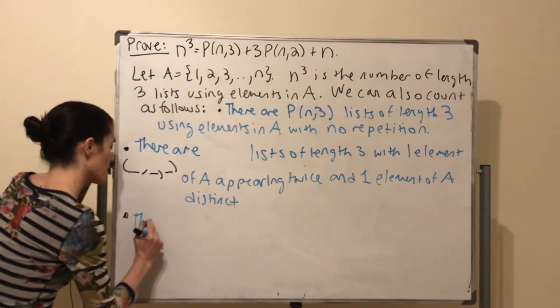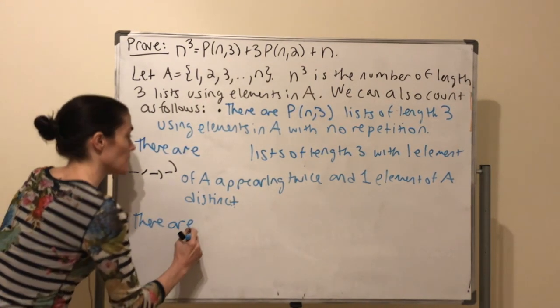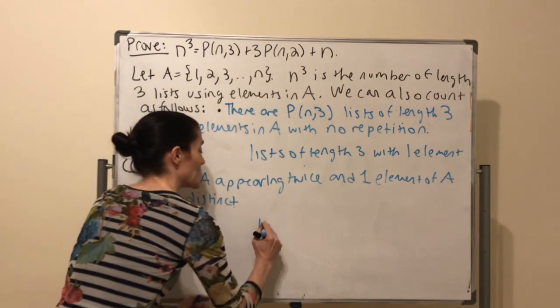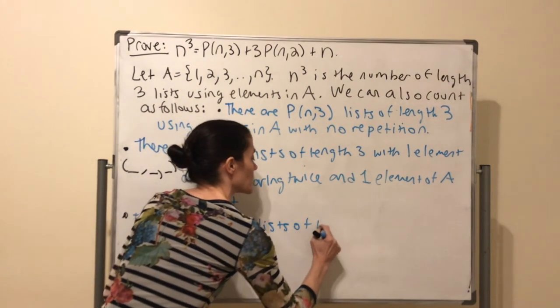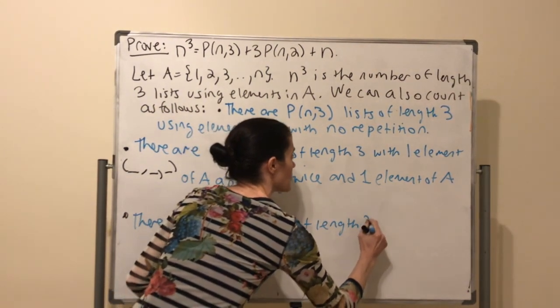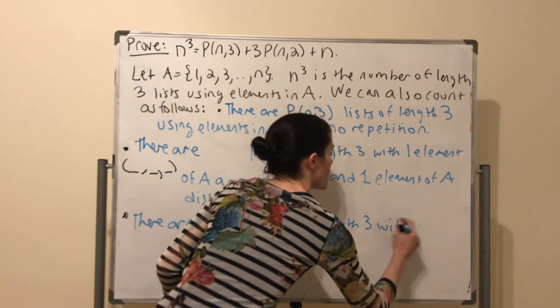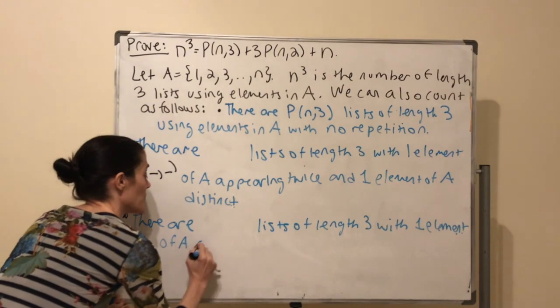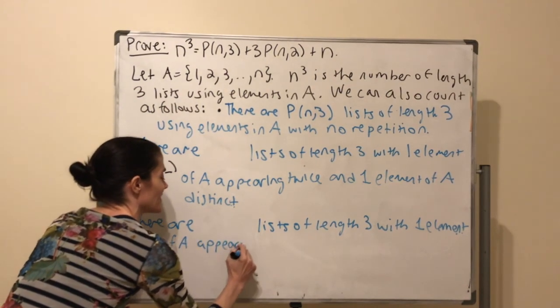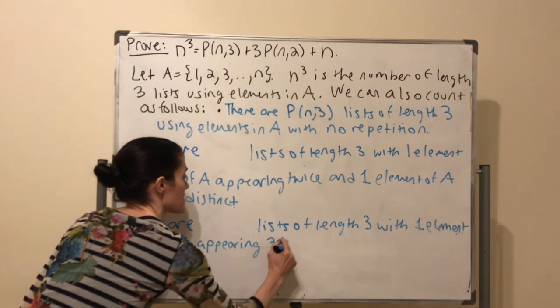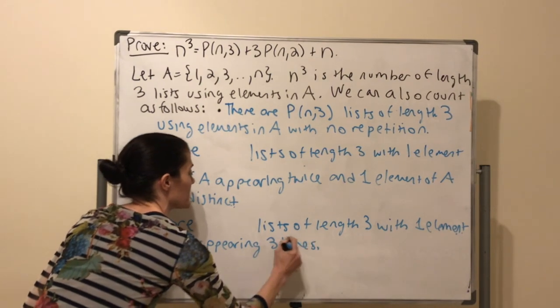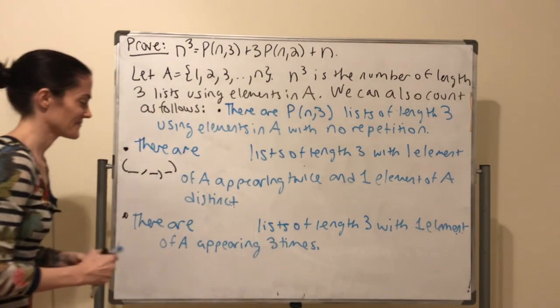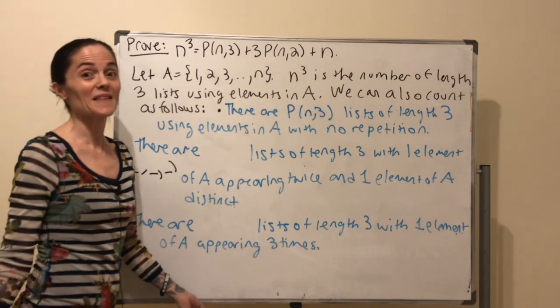So there are, leave a blank, lists of length 3 with one element of A appearing 3 times. And this would be all the possibilities.